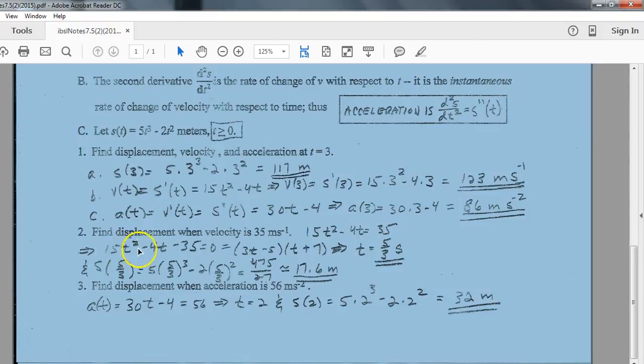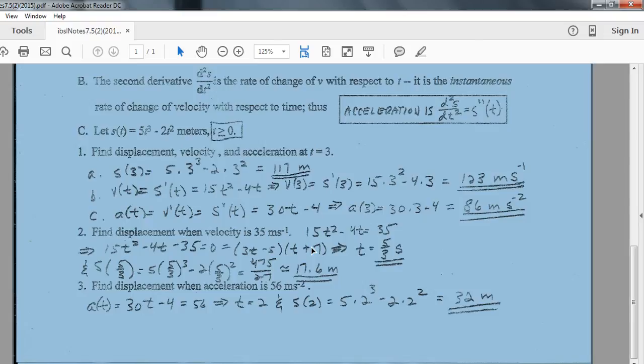So we are solving a quadratic here, so you could do this by factoring. You could do it with the quadratic formula. Any of those are fine. For this one, you do get two answers, so I'm going to get a positive 5 over 3 for this one, but I'm going to get a negative 7 for this one, and here's where some logic has to come into play. Time can't be negative.